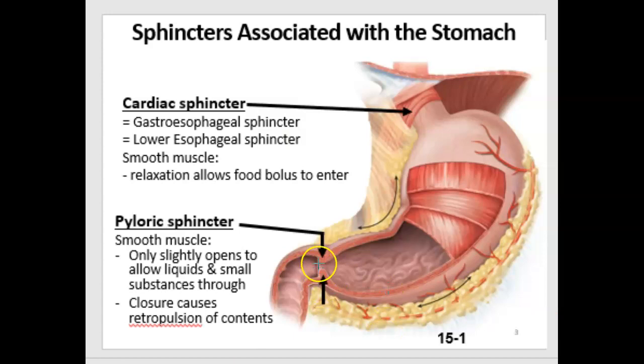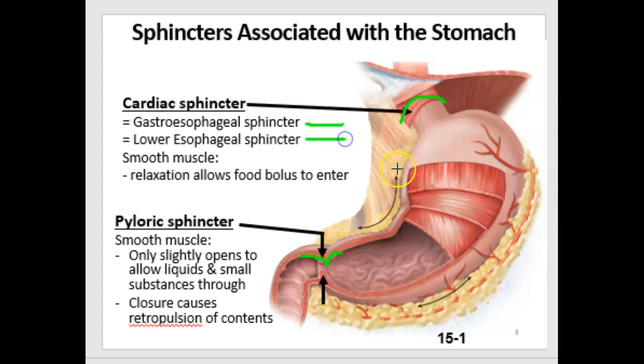So in addition to the pyloric sphincter, which I'll review in a minute, there's also another sphincter associated with the stomach. And it's called the cardiac sphincter because it's close to the cardiac region. And it has some other names: gastroesophageal sphincter, meaning the sphincter in between the stomach, gastric, and the esophagus, esophageal. But there are 2 sphincters associated with the esophagus, just the esophagus, not the stomach.